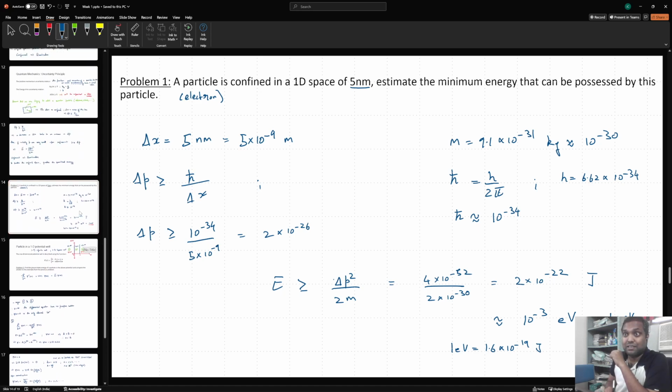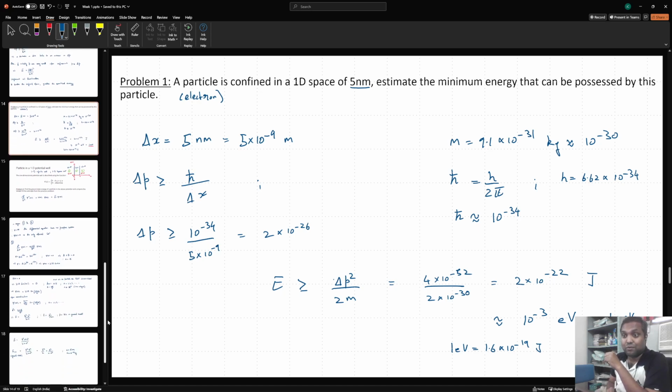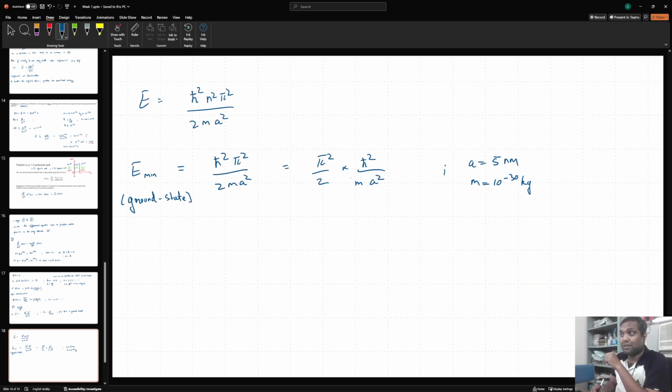And the calculation is this. So delta p is nothing but h by a, and we are taking the square of that. So that comes out to be 4 into 10 to the power minus 50. And in fact, I don't even need to keep the factor of 2 there. I can even bring the factor of 2 in. So the only thing that has increased is a factor of pi here. So it is pi squared by this.